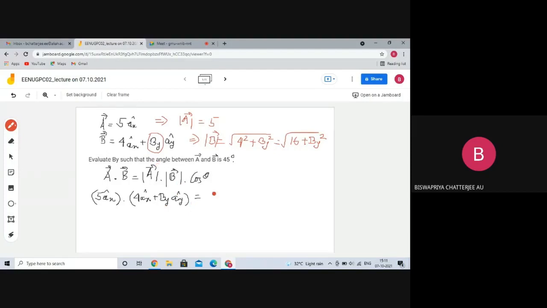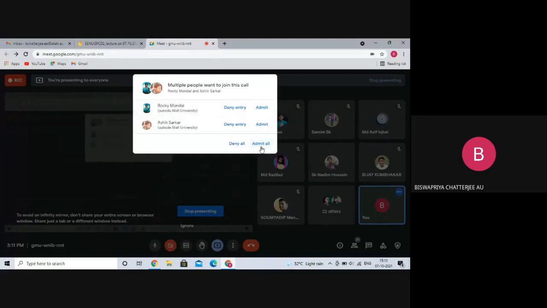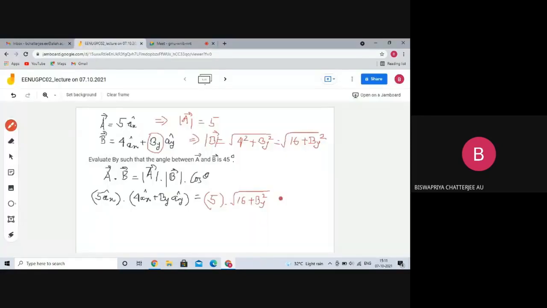A dot B will be 5 multiplied by root under 16 plus by square, along with cos theta. Now the angle must be 45 degree as per the statement of the problem, so it is written as cos 45 degree.